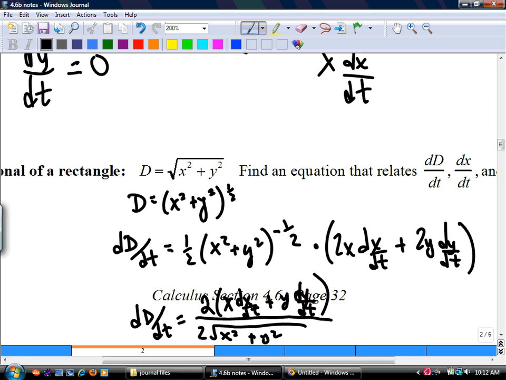Just take a 2 out in front. So it's x dx/dt plus y dy/dt over the square root of x squared plus y squared.